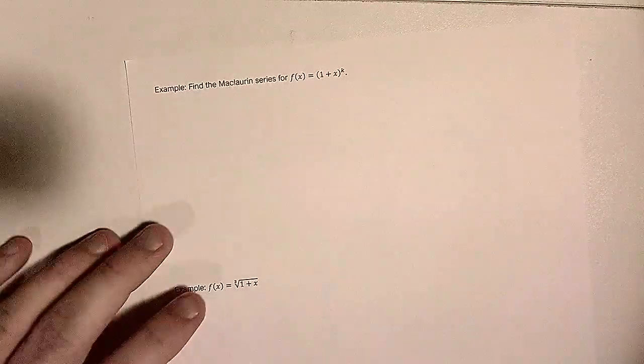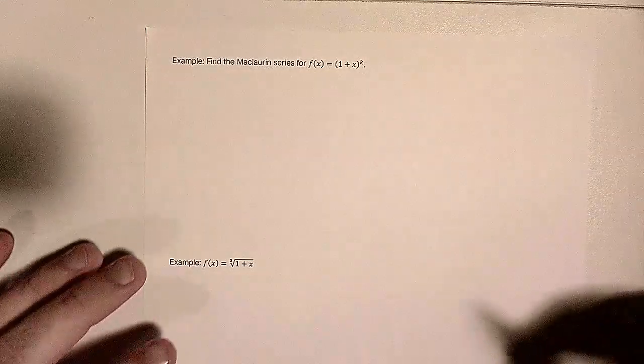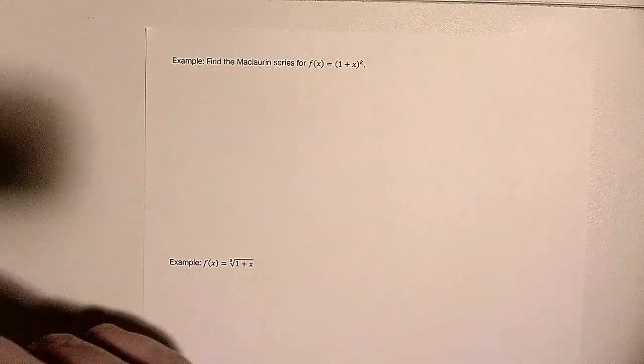So let's look at the Taylor series for a generic number of terms, so x to the k. In particular, one, it's going to be (1 plus x) to the k, and that's an important thing because we're going to see what falls out of this.